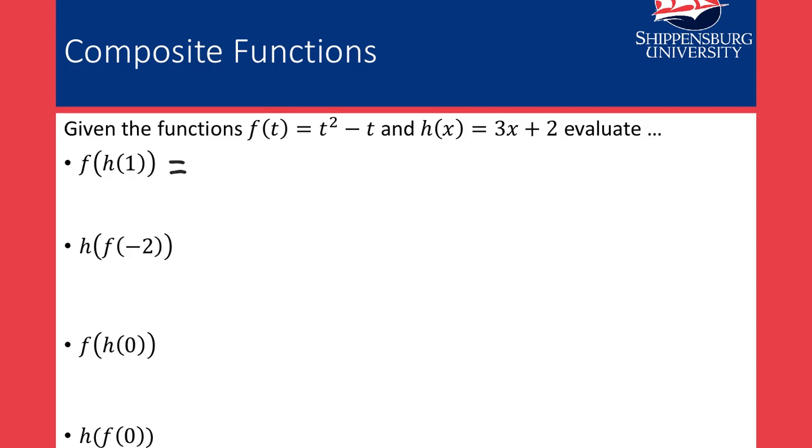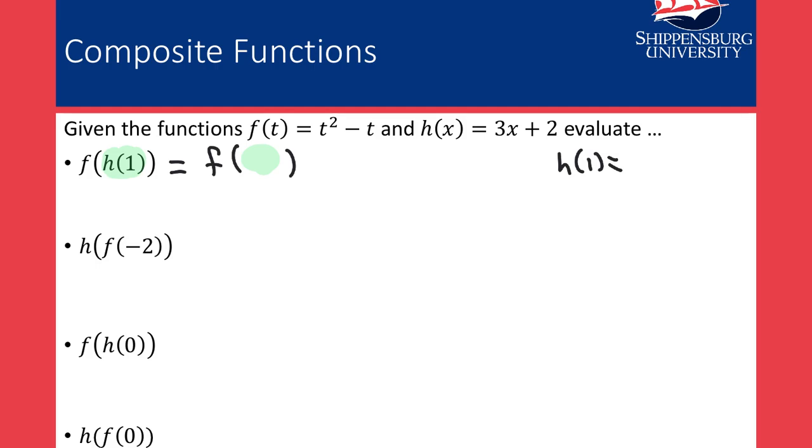So like before, when I see f of h of 1, I leave the outside of this alone and go inside the parentheses first. So I'm going to look inside the parentheses and I see h of 1. So my job first is to figure out what h of 1 is. In this case, h of 1 comes from just plugging a number into a formula.